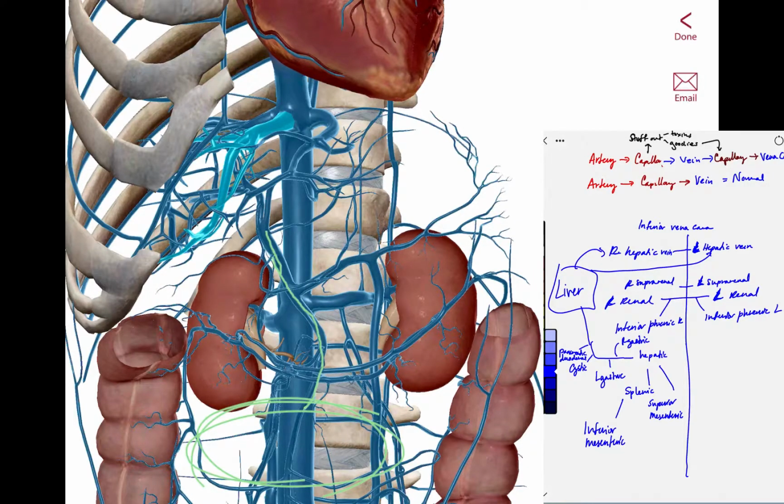And that's going to take it through this like hepatic portal. It's going to go through the liver and then come into the vena cava via this hepatic vein. So basically you have this system where you've got the blood moving into the liver to be filtered and then moving from the liver into that inferior vena cava.